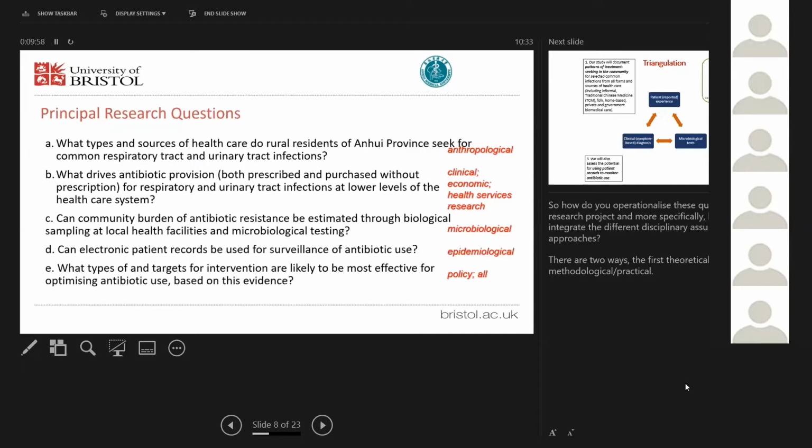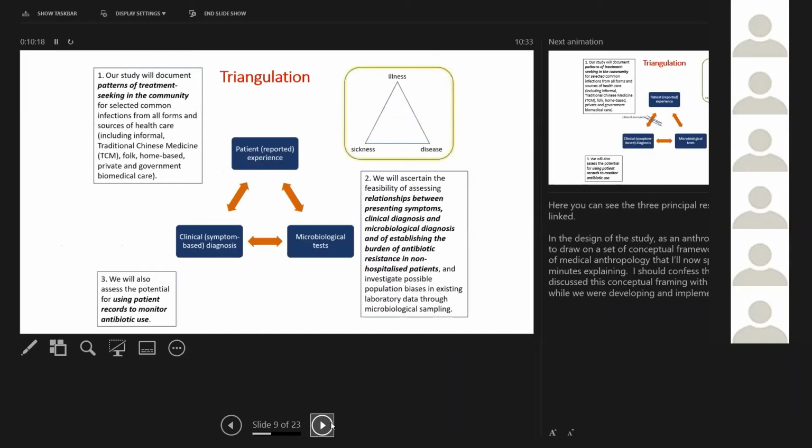To answer that, I think we can say there are two ways of doing that. The first, theoretical, and the second, practical. That's to say, it's part of a methodological process. And I want to go through both of those two ways. So first, the theoretical.